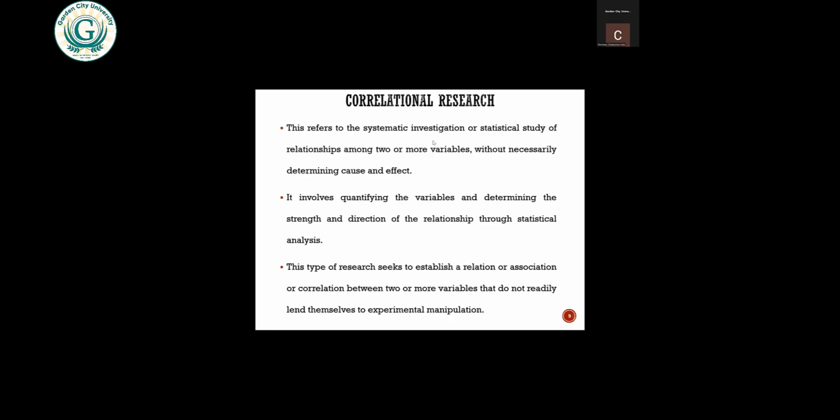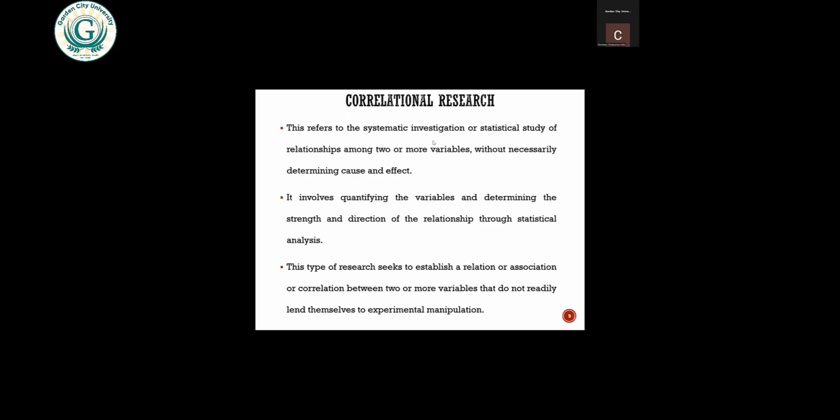The only thing it can tell you is that among the children whose parents are divorced, a lot of them are pregnant, meaning that these two variables are related. Having divorced parents and being pregnant as a teenager, they are related.